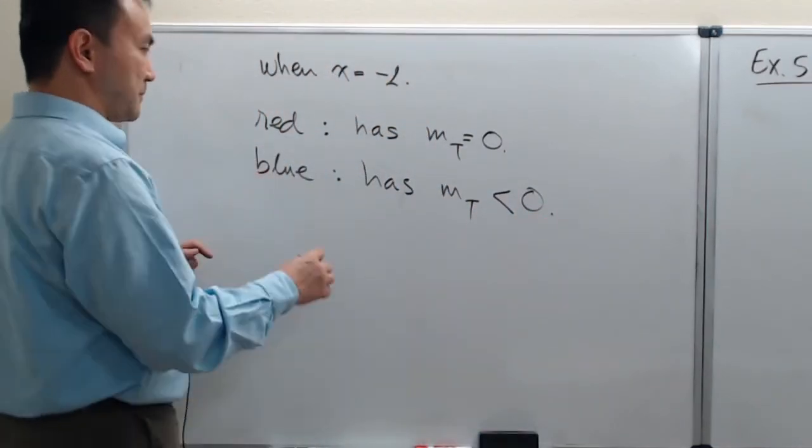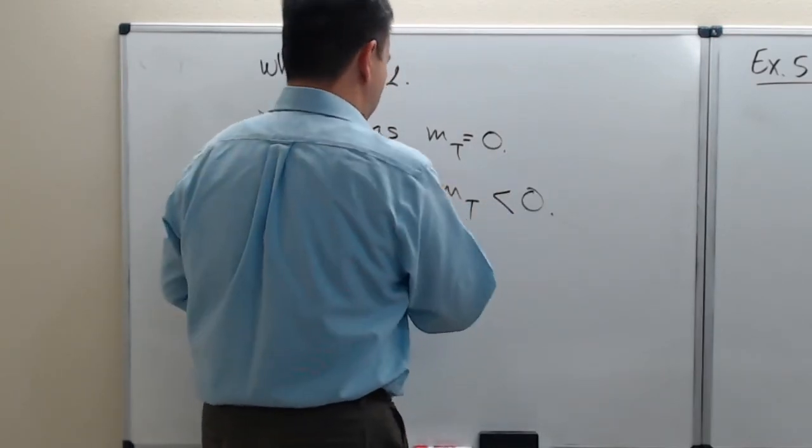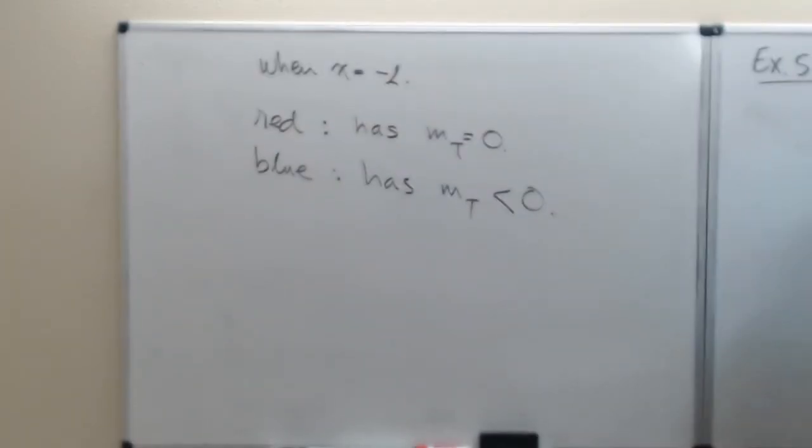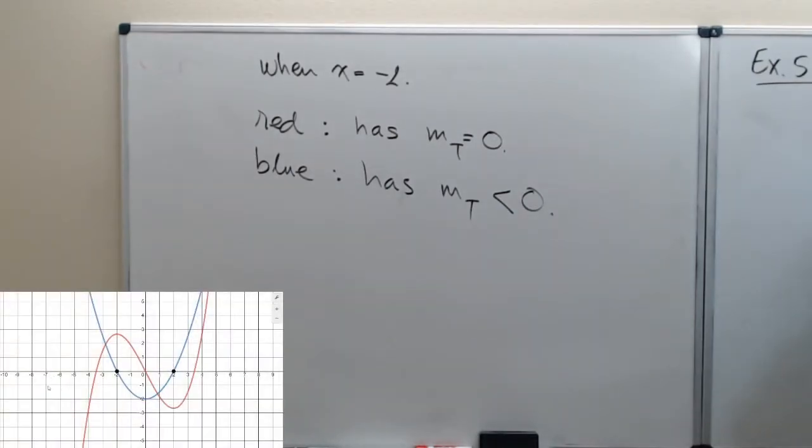But then, okay, if I get back to the graph right here, notice how the blue is actually crossing through the x-axis right at x equals 2. I mean x equals -2.